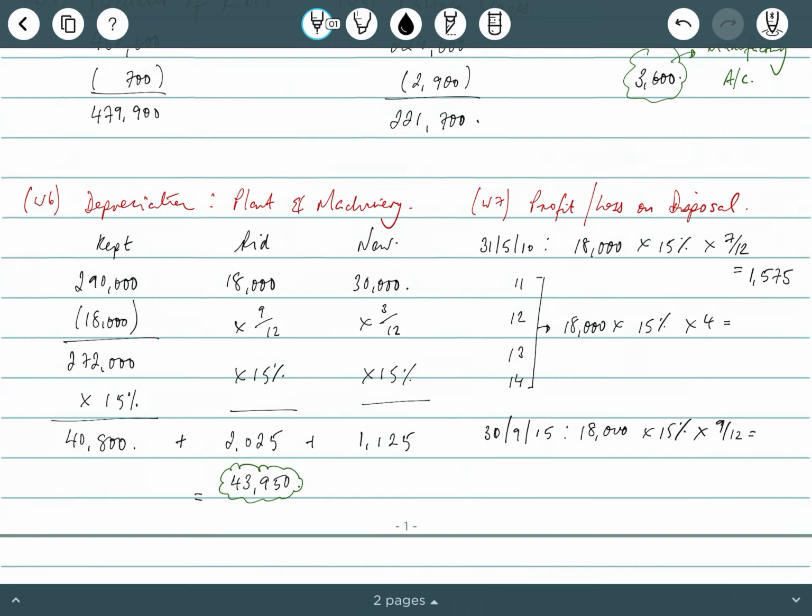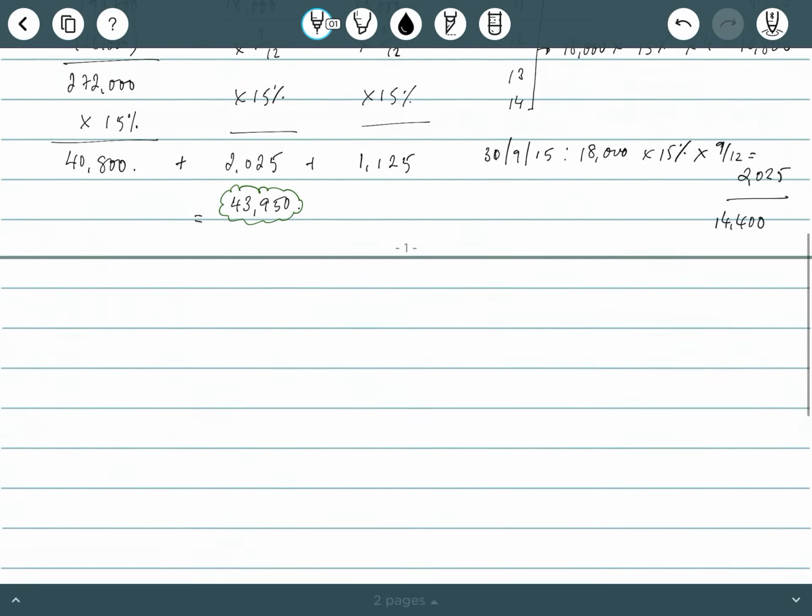And then we had 18,000 by 0.15 by 4 years is 10,800. We already know that this is 2025. Adding those 3 figures together is 14,400. So that's your accumulated depreciation.